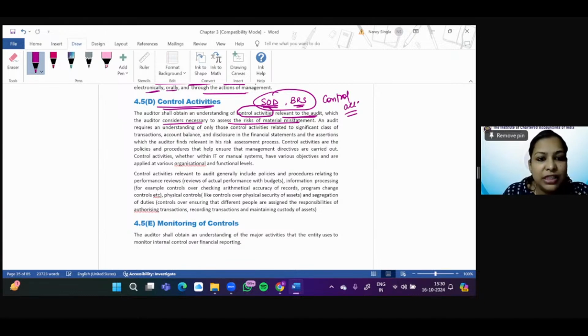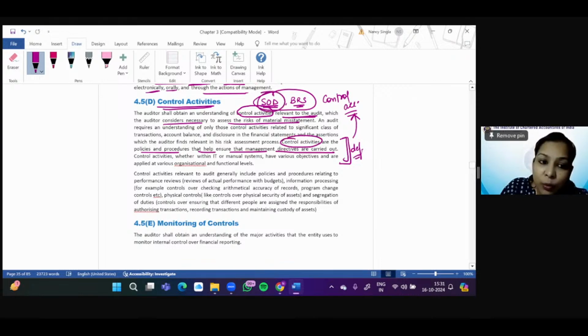So if we just have a look at the definition, this is basically the definition of control activities. Control activities are the policies and procedures that help ensure that management directives are carried out. So if management has given a direction, whether that has been carried out. Let's understand this with the help of our example. Management has given a direction that there should be segregation of duty. So now it will be checked whether this segregation of duty has been done or not.